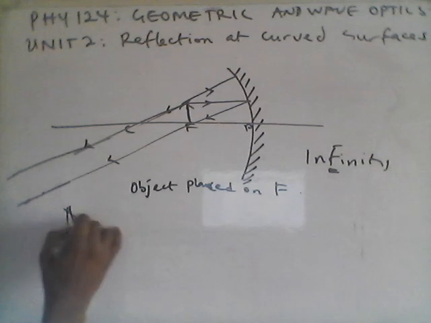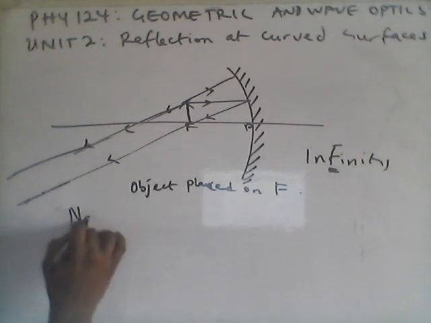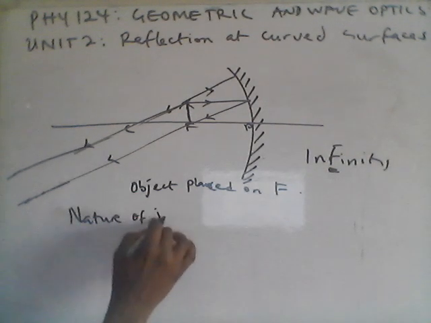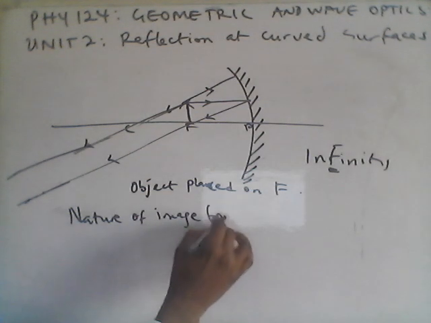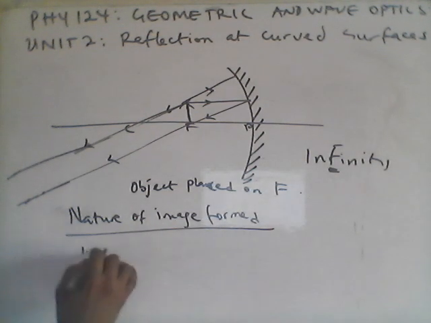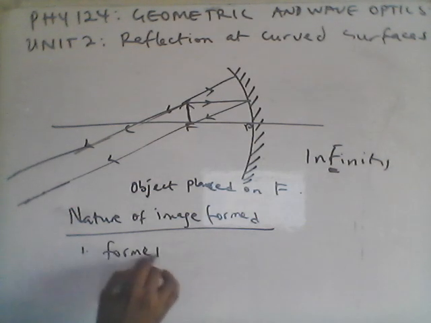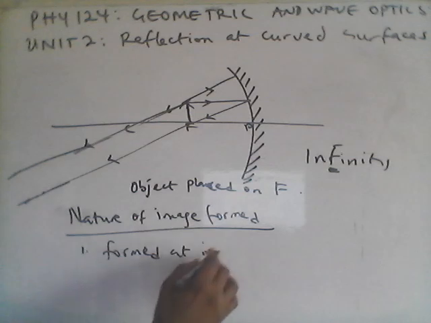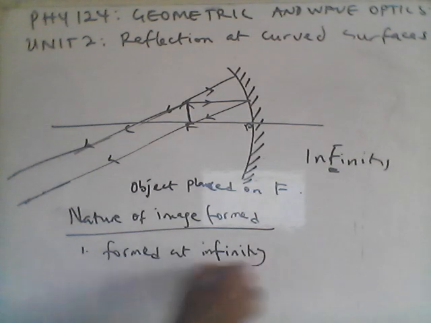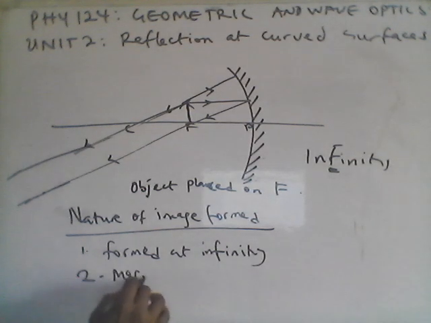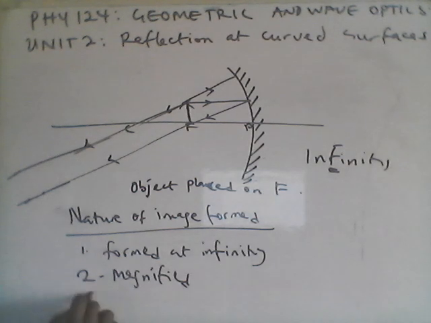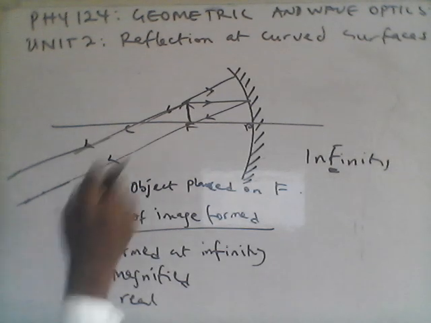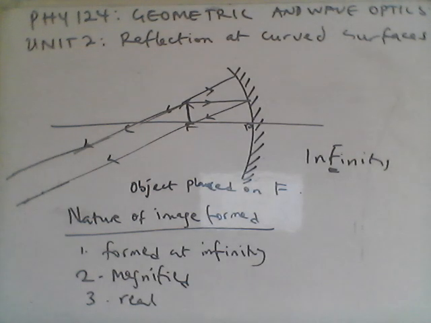So the nature of the image formed: number one, it is formed at infinity. Secondly, it is magnified, very, very magnified. Third, it is real, formed beyond C, formed at infinity.